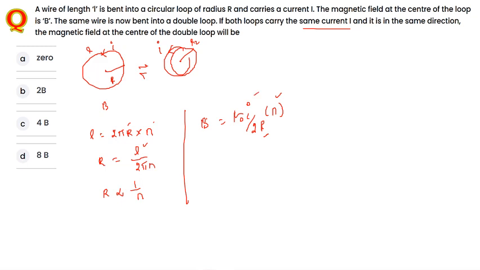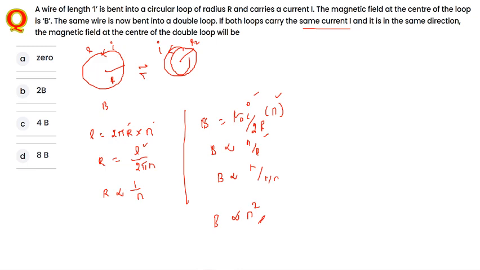So this is also constant. So B is proportional to N divided by R. R is proportional to 1 by N, so B is proportional to N square.